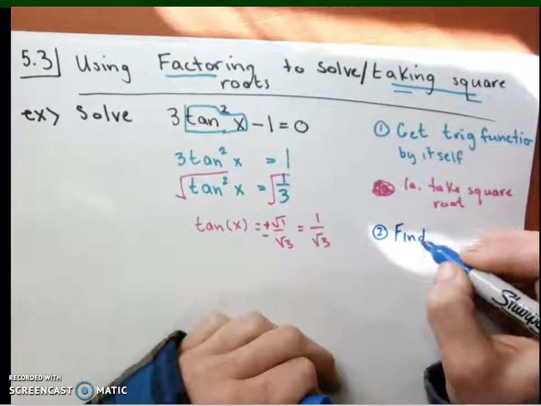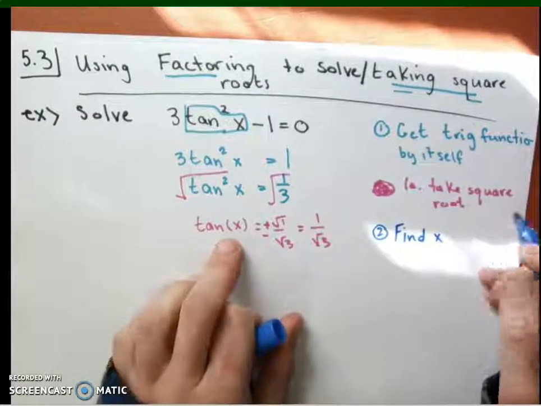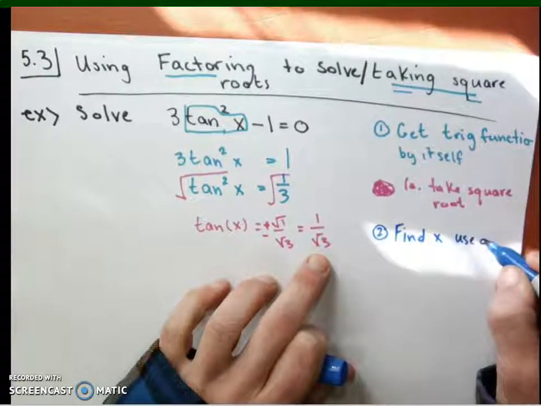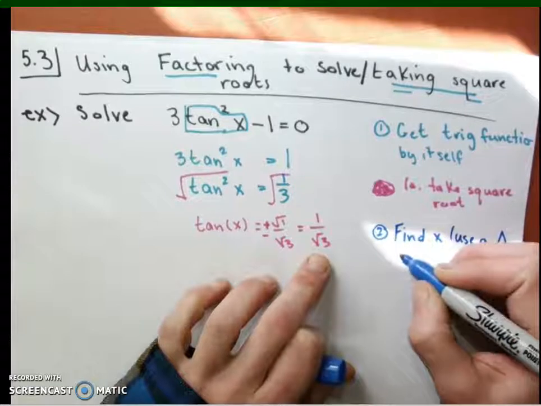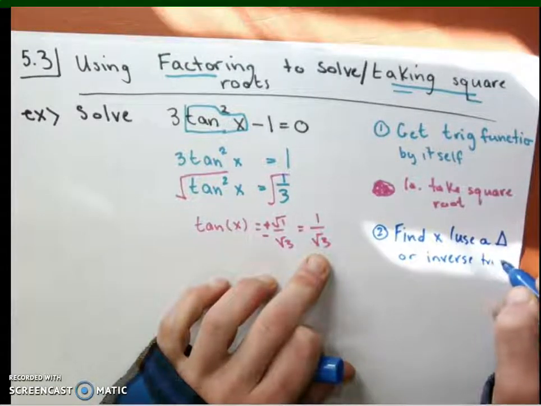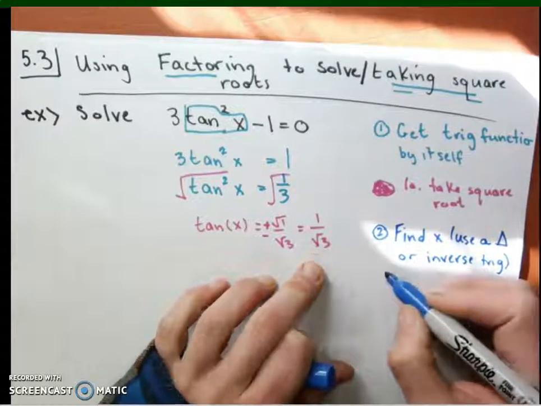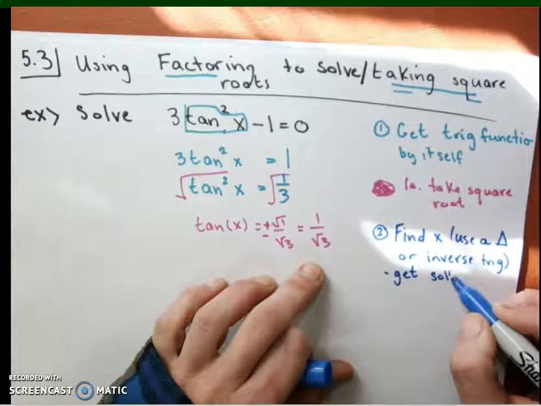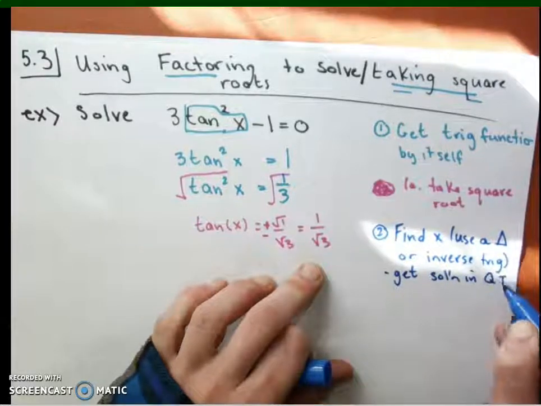So find x. And my strategies for doing that are just like in the last video. So I'm going to use a triangle or inverse trig function. This will help me get my solution in quadrant 1.